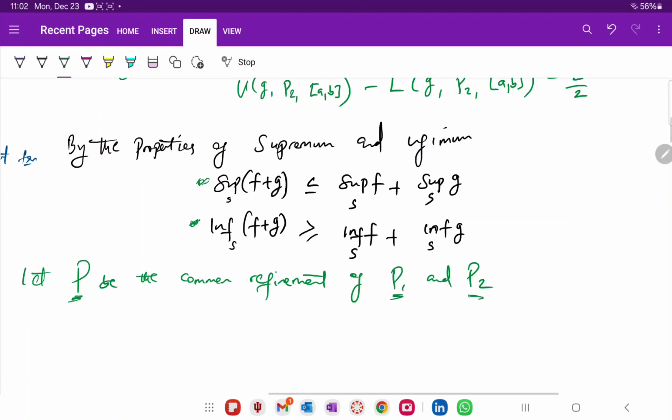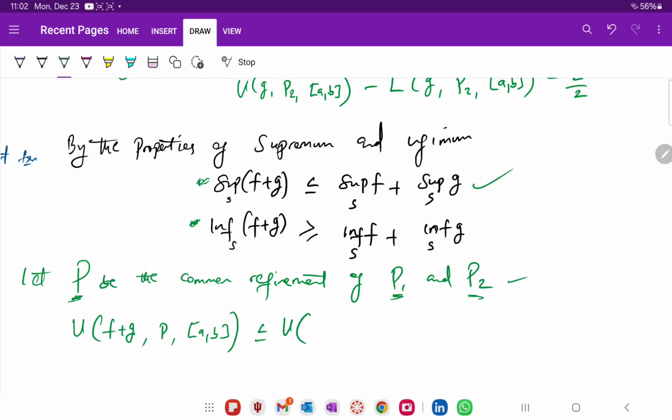So with these properties, the upper Riemann sum of f plus g over P on a, b is less than or equal to the upper Riemann sum of f on P, a, b plus the upper Riemann sum of g on P, a, b.